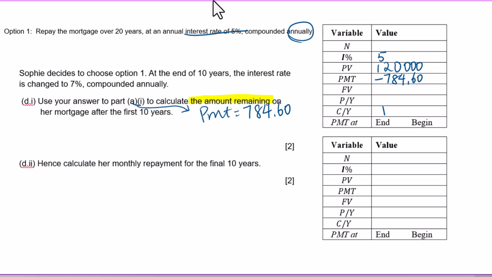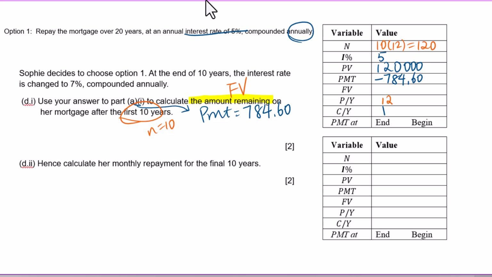Remember, this is always a future value you are looking for. Since this is a monthly payment, it's 12. First 10 years, N equals 10.